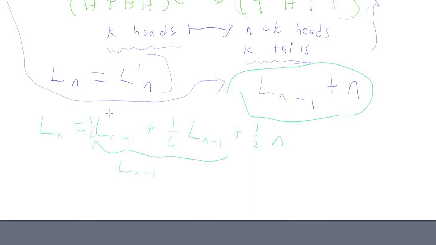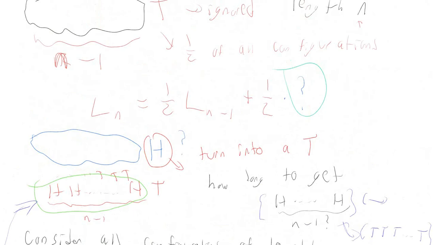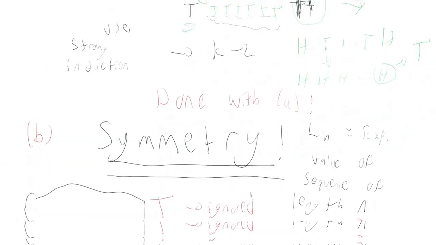If we solve this recurrence relation, which you can do by inspection, it's not very hard, you just get that it's n plus n times n plus 1 over 4. That's your answer, and that's how you solve this using symmetry.